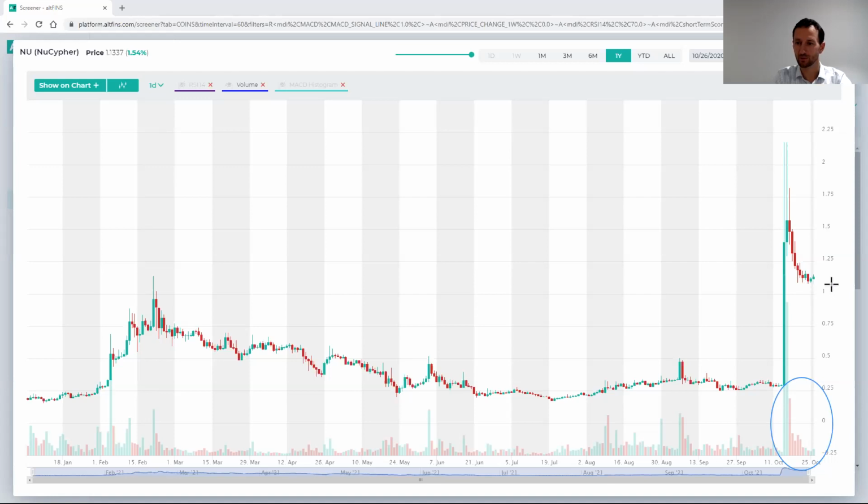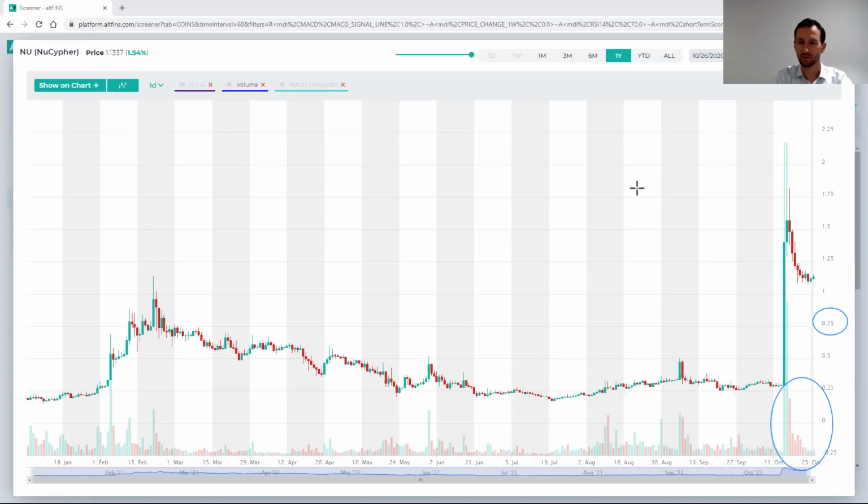We see a couple of small green candles. The buyers are starting to step up. Hey, I could be wrong, but I will definitely set a stop limit order at, I'd say, about 80 cents here. If it goes below 80 cents, I'm going to be out of that trade.